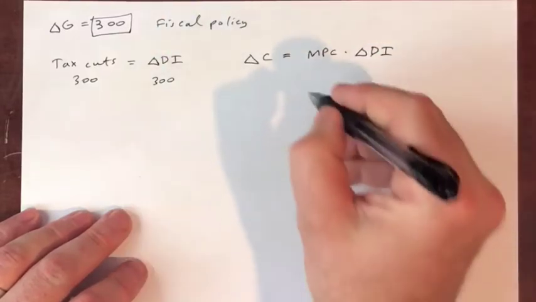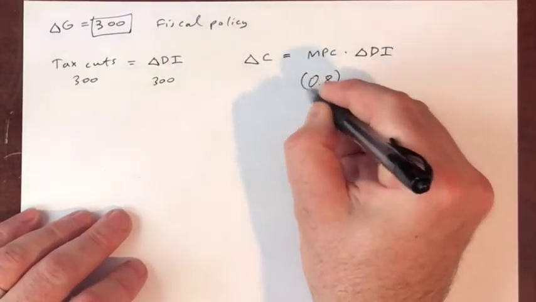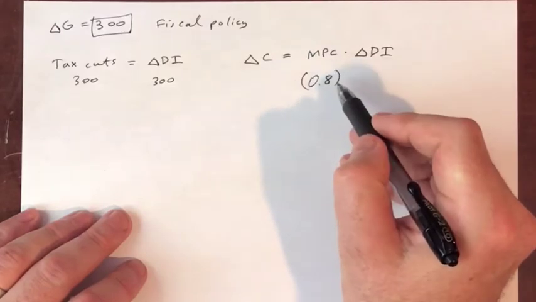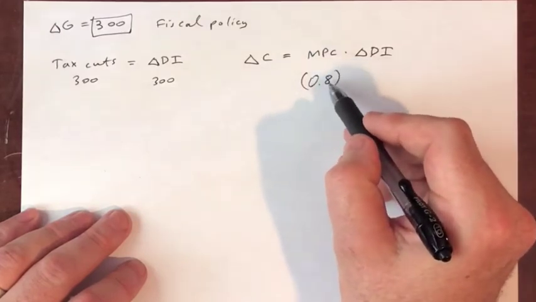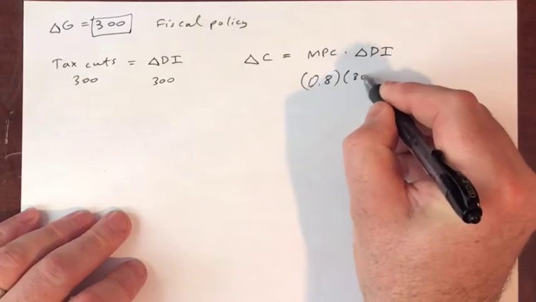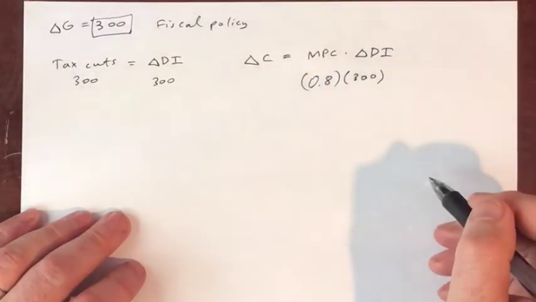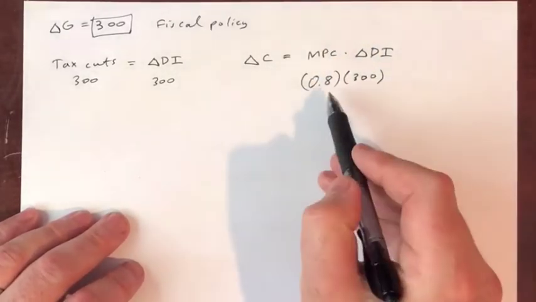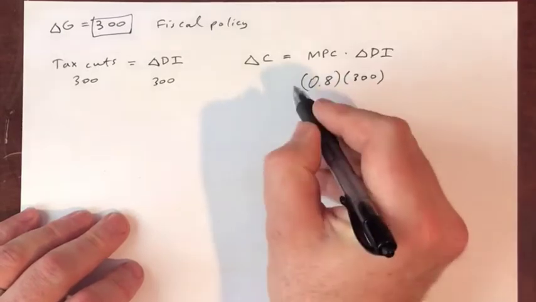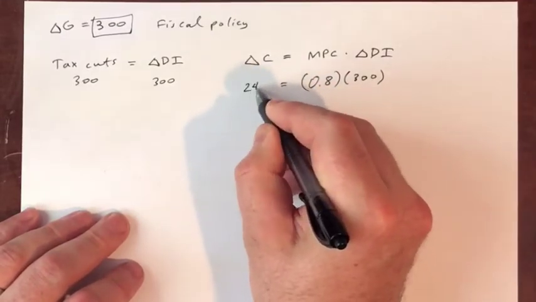So in other words, we know from our setup, the marginal propensity to consume is 0.8. If the change in disposable income is 300, we're going to go 0.8 times 300, and that gives us 240.